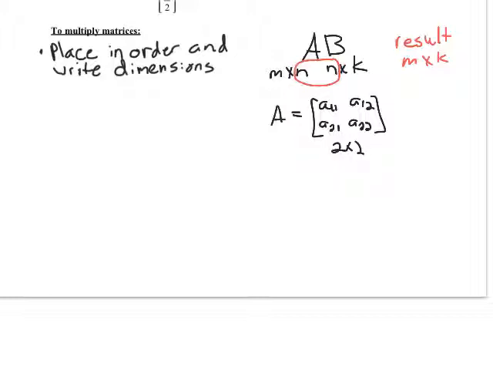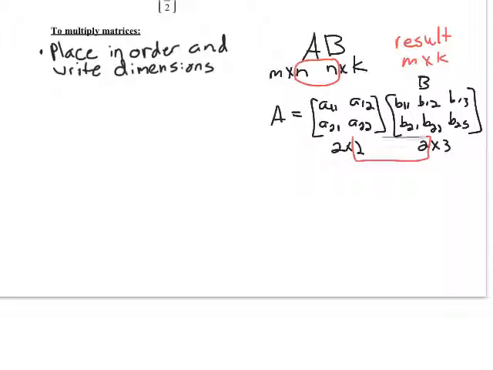And I have matrix B. Matrix B is going to be a 2 by 3: B1,1, B1,2, B1,3, B2,1, B2,2, B2,3. So B is a 2 by 3. That means I can take their product because the inner values match, and the result is going to be matrix C. The result's going to be a 2 by 3.